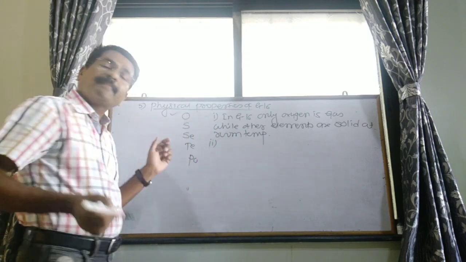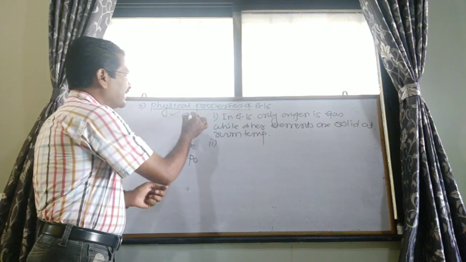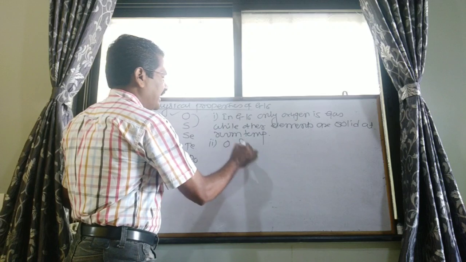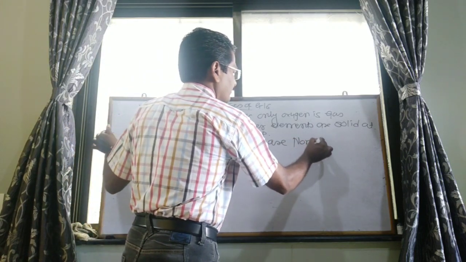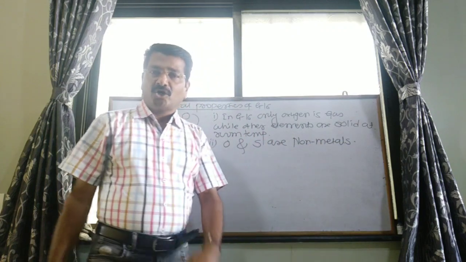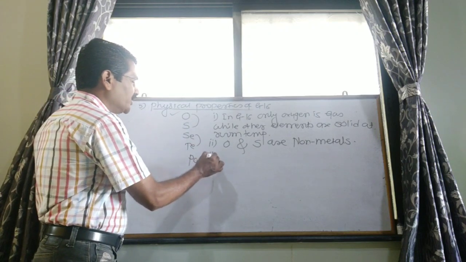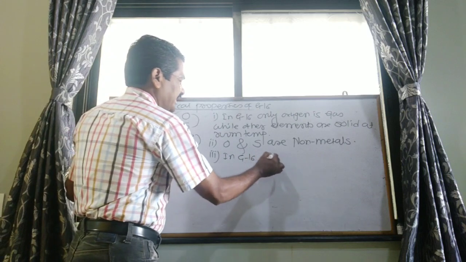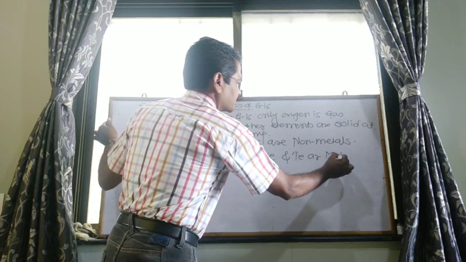Then second point, in G16 elements, oxygen and sulfur are non-metals. Selenium and tellurium are metalloids.